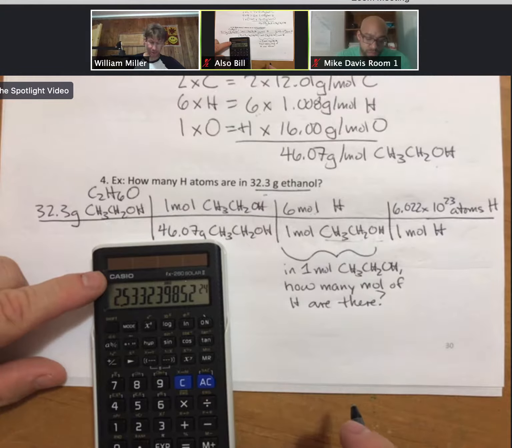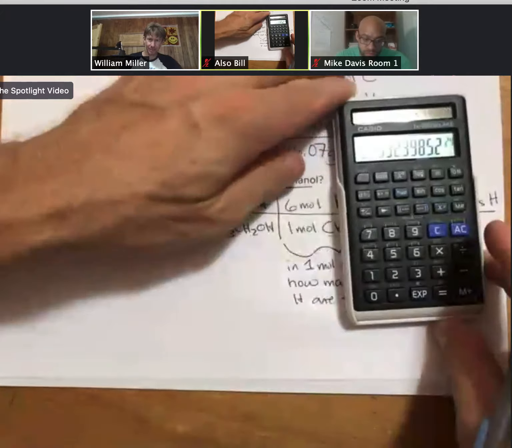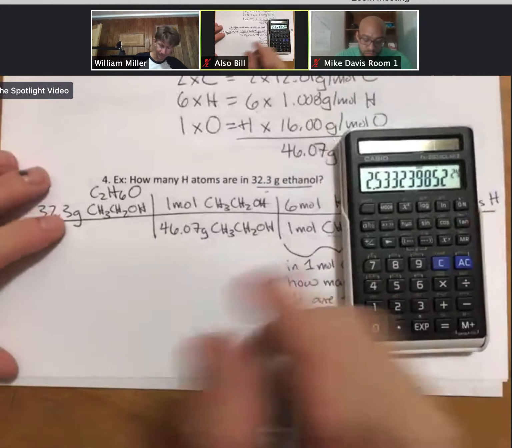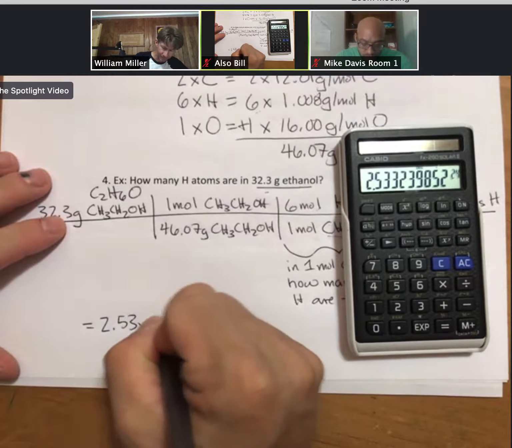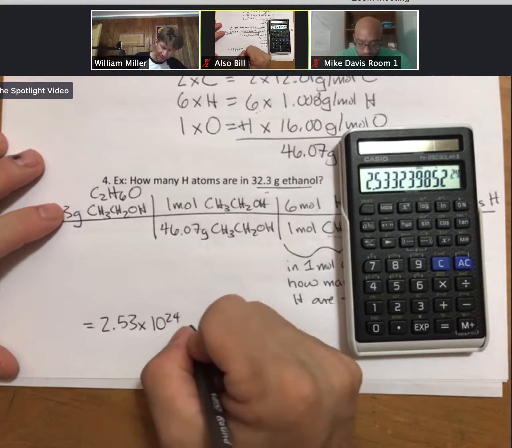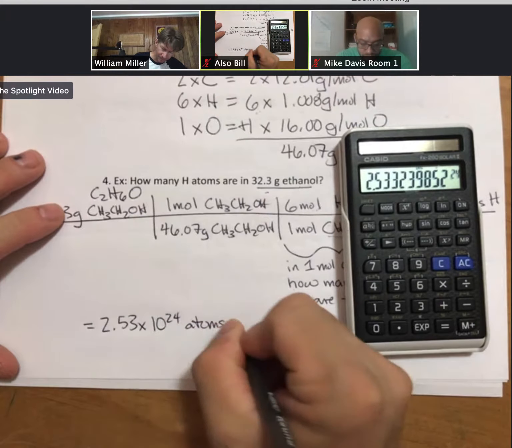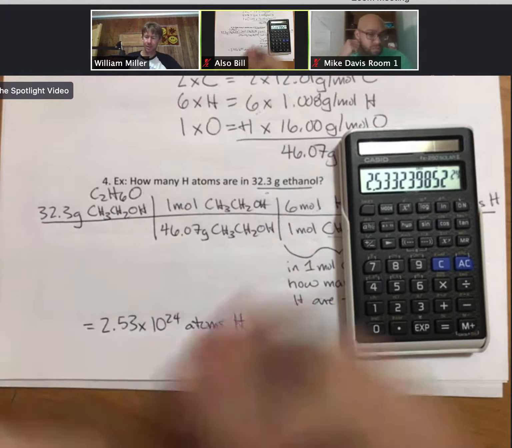And I get 2.53 times 10 to the 24th atoms of hydrogen. So there you go.